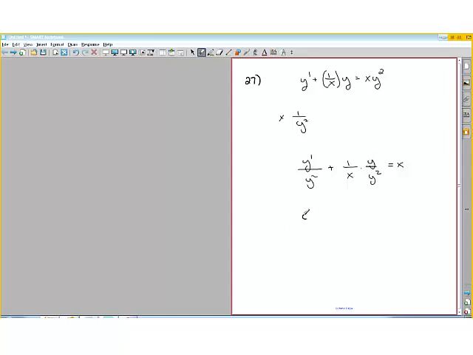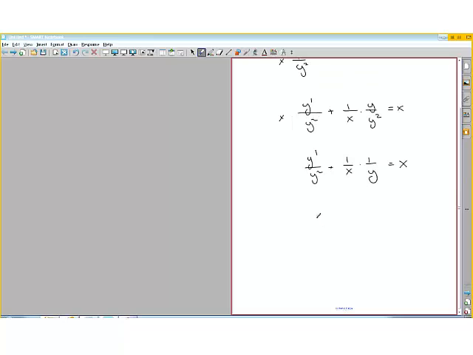So that really becomes y prime over y squared plus 1 over x times 1 over y is equal to x. Okay, so y divided by y squared is just 1 over y. So what we're going to do is we're going to let z equal 1 over y.